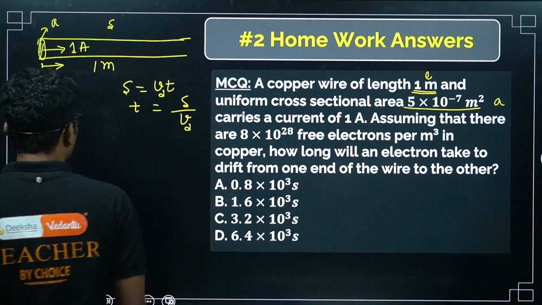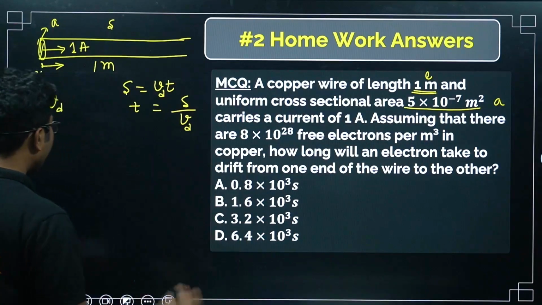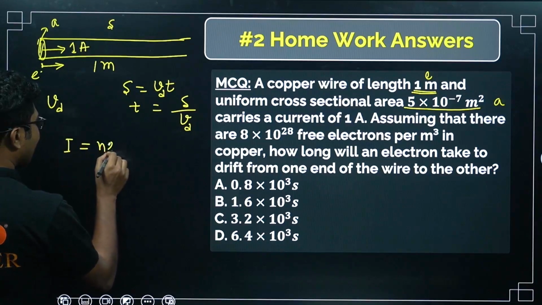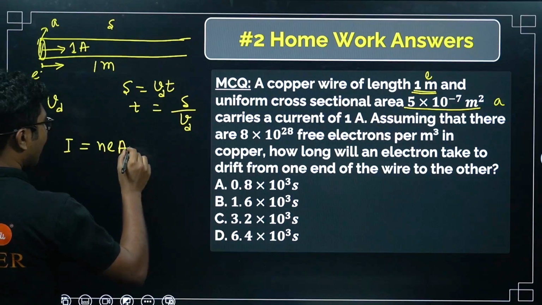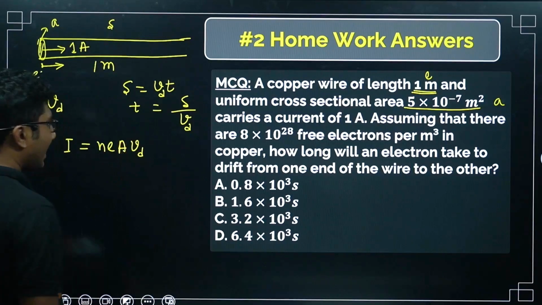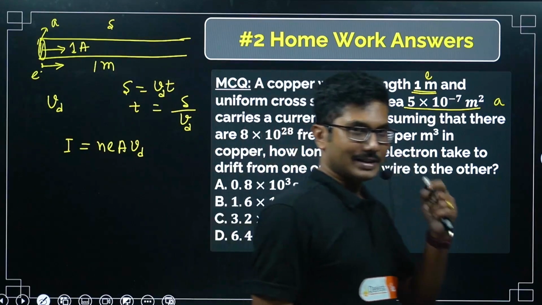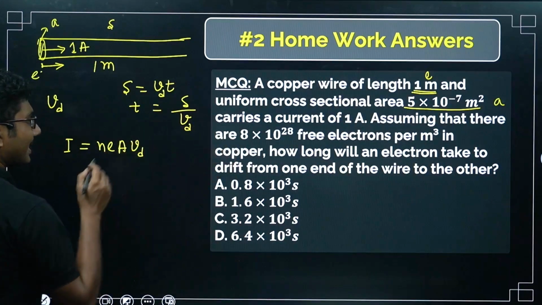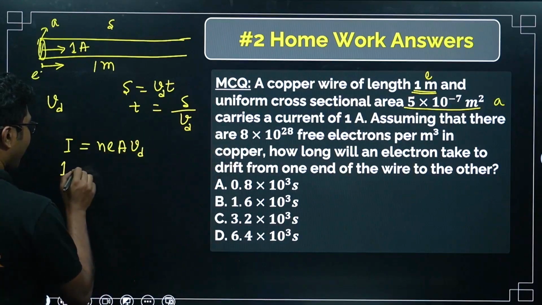Now, how can we calculate drift velocity? We know that current is given by N E A Vd. This is the formula that we learned yesterday. So current is N E A Vd, and current is given by 1 ampere.